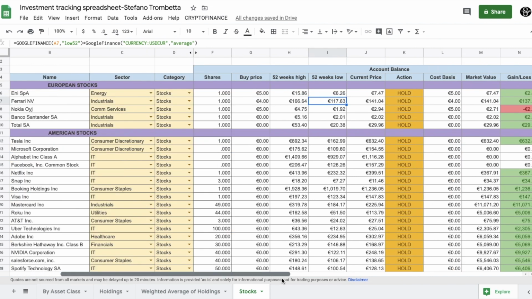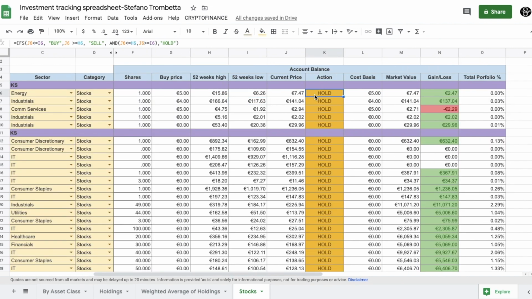Okay, so I made a little function: if the current price is in between the 52-week low and the 52-week high, then it will say hold. If it's lower than the 52-week low, it will say buy, because you may want to buy some more. And if it's higher than the 52-week high, then you may want to sell it, depending on your strategy.